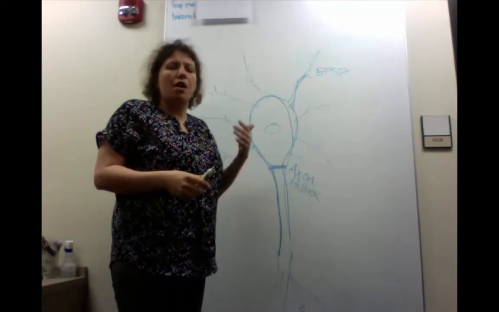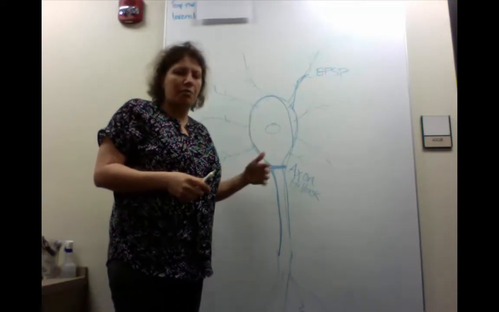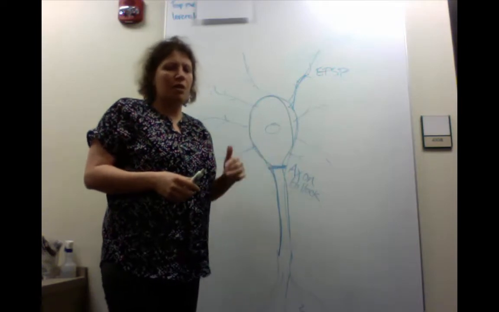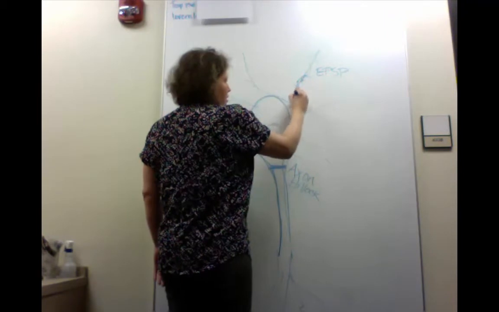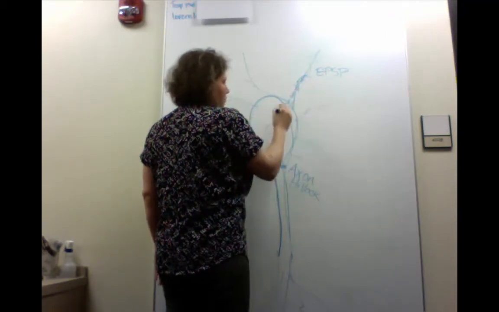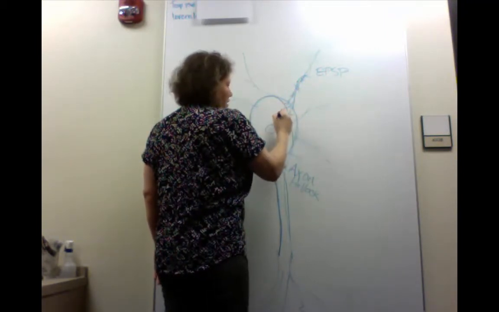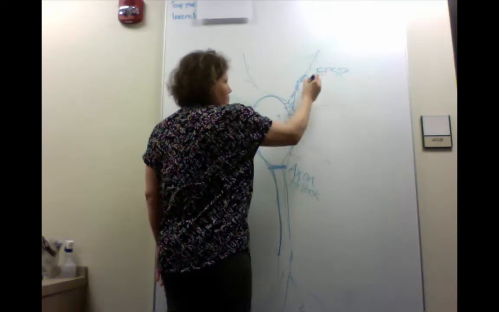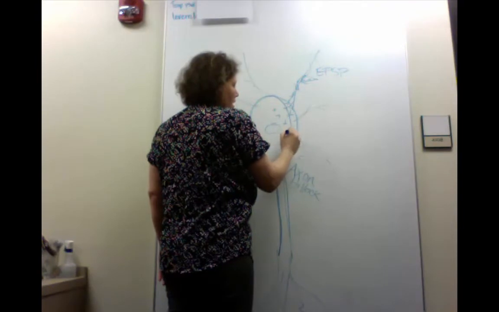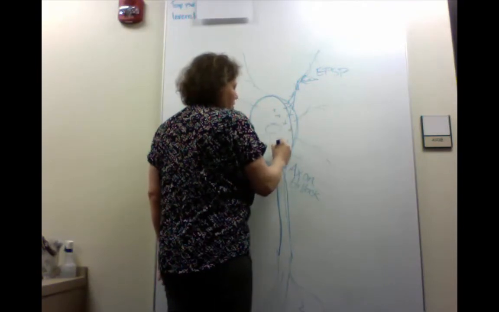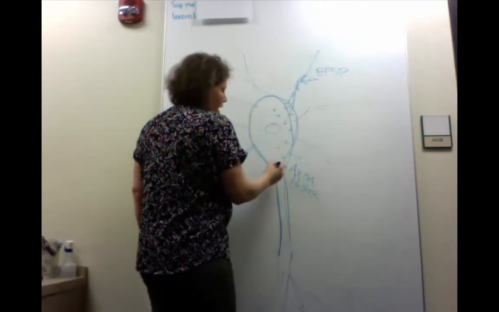So for an EPSP, it's a positive change. For an IPSP, it's more negative. So this increase in positivity is going to need to come all the way down here. This section is going to have to receive so much input that the positivity, the sodium ions, continue to flow in all the way down to the axon hillock.